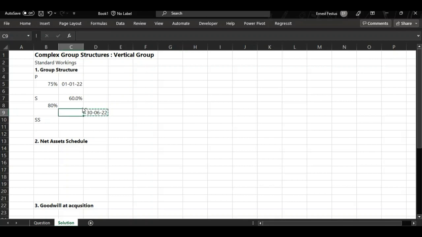Copy this, cut and paste it here. This 60% could come here. Then the 60% will be used from 30th June 2022, because that is the date on which we acquired, and we'll start consolidating SS in P's account.